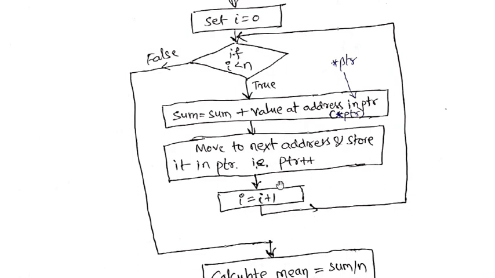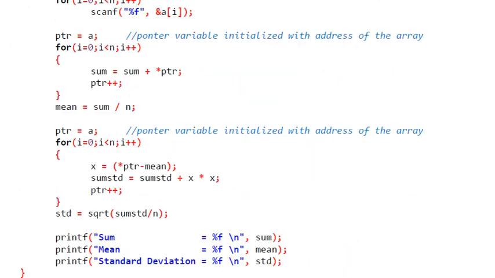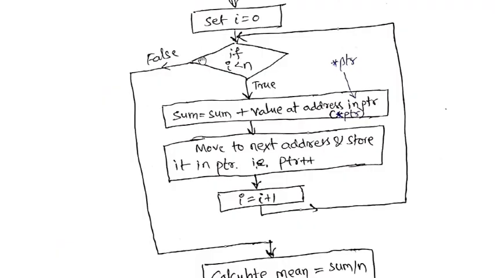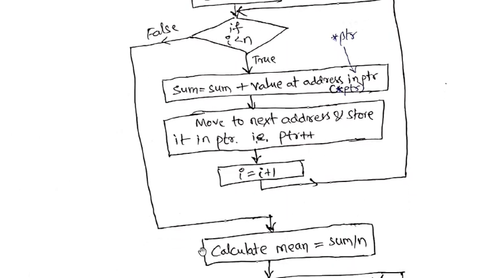It does this in a loop until the condition I less than n is false. When this condition becomes false, it will go and calculate the mean.